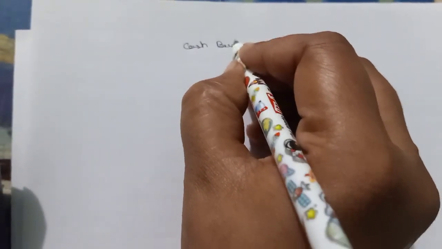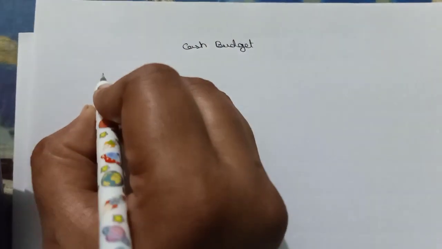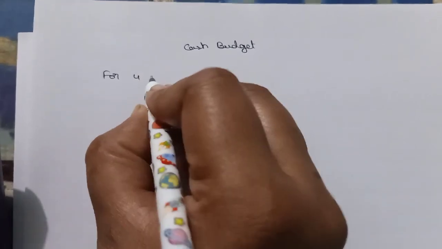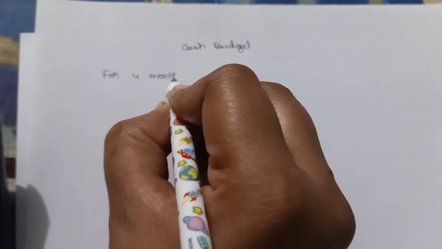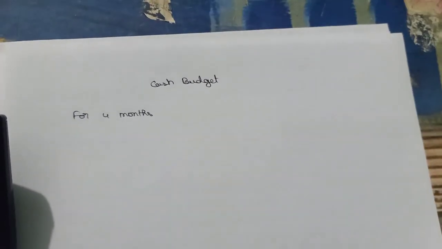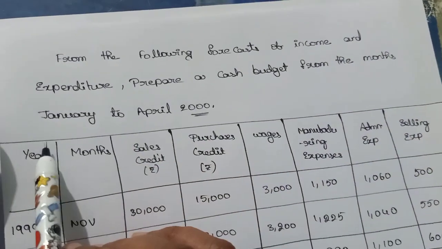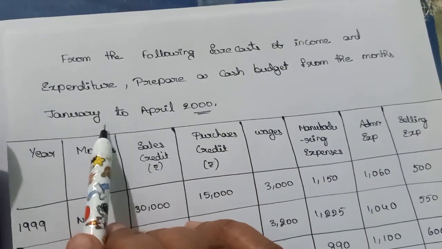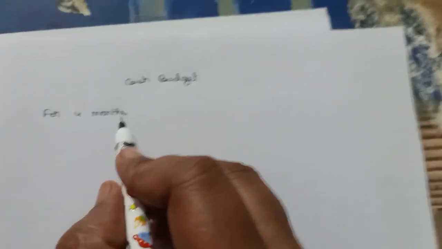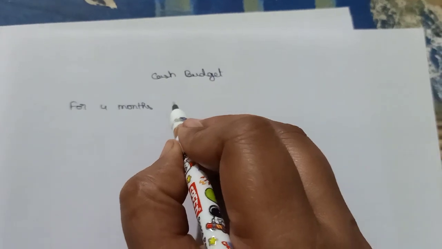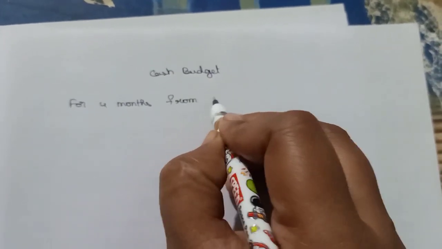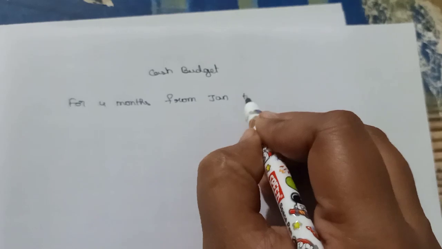Cash budget for 4 months, as already given in the question: the cash budget we have to prepare is for the months January to April.